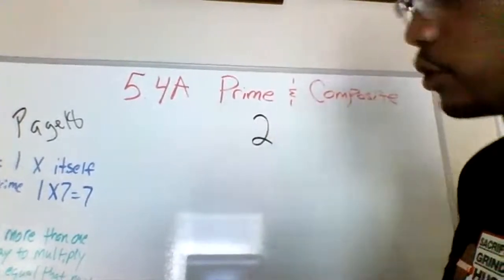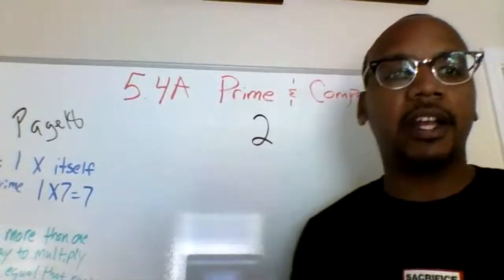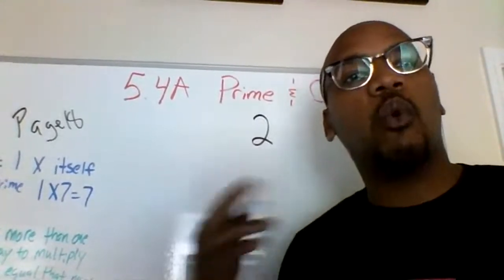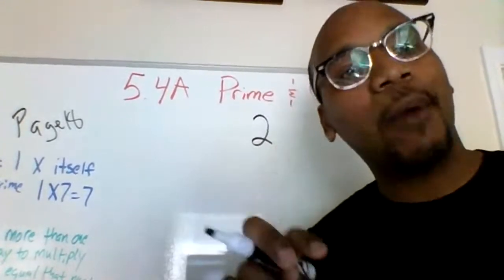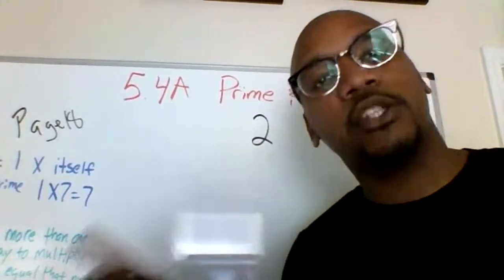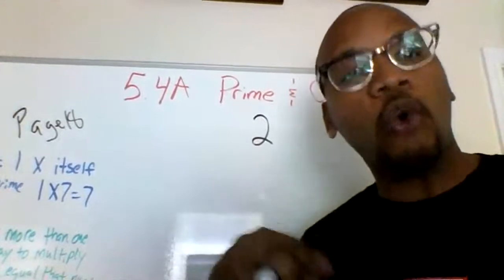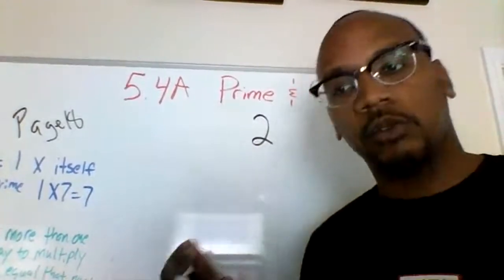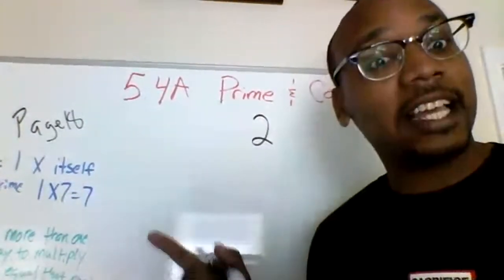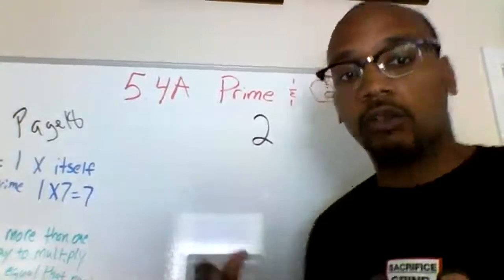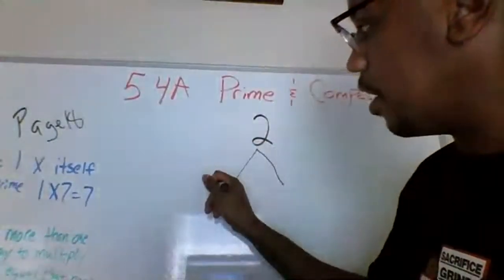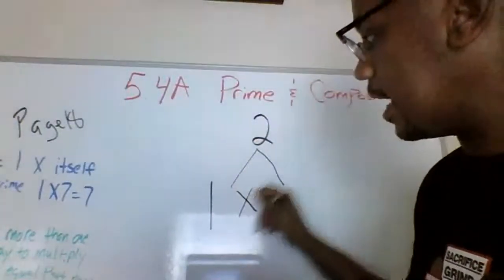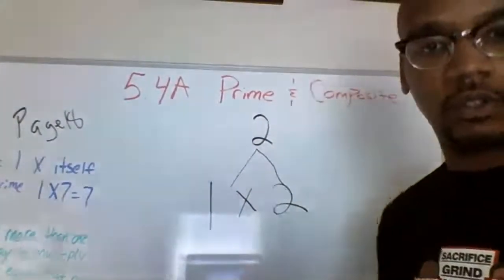So if we have the number 2, now you ask yourself, what are the factors of 2? What whole numbers can I multiply to get 2? Well, the only thing I can come up with, Miguelito, is 1 times 2.